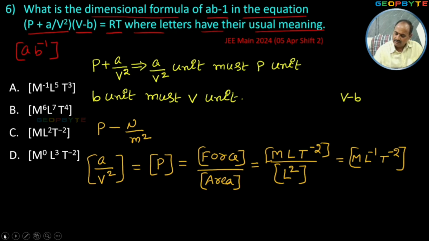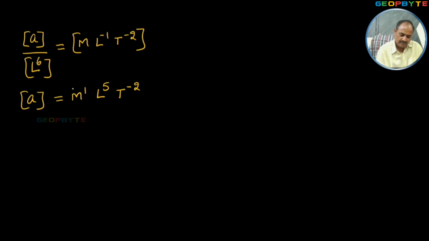L power 6 must be equal to M L power minus 1 T power minus 2. From this, the a dimensional formula is M power 1 L power 5 T power minus 2. That is the a dimensional formula.